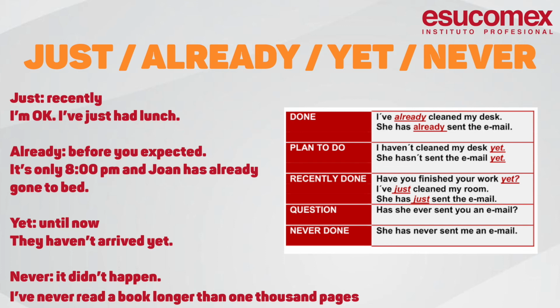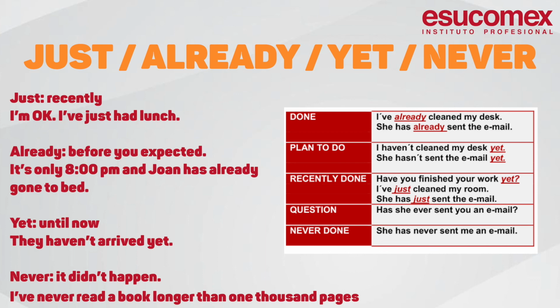Already means that something happened before you expected, as in "It's only 8 and Joanne has already gone to bed," where it's too soon for Joanne to go to bed. Both just and already go between have or has and the participle in the sentence.